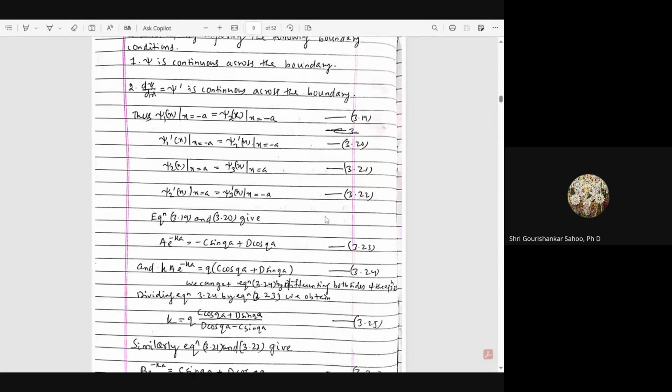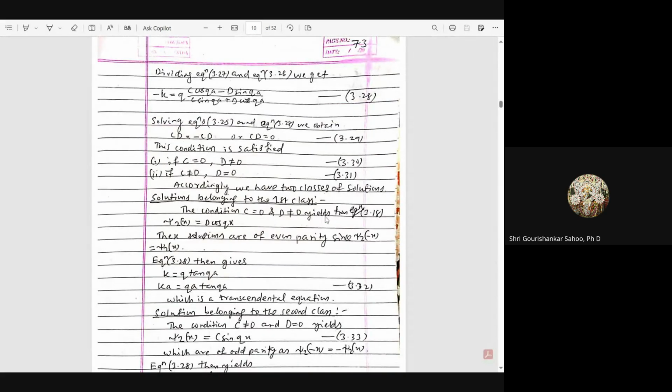Similarly, you can use the other two equations and you will have b e to the power minus ka is equal to c sin qa plus d cos qa, and by differentiating it, you have minus bk e to the power minus ka is equal to q c cos qa minus d sin qa. Now divide this, so you will get minus k is equal to q c cos qa minus d sin qa divided by c sin qa plus d cos qa.